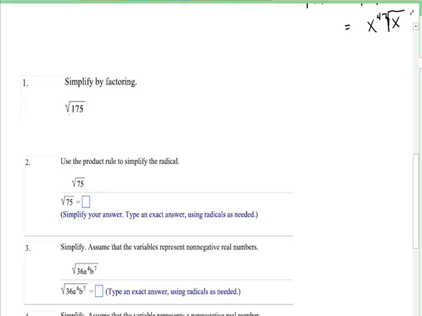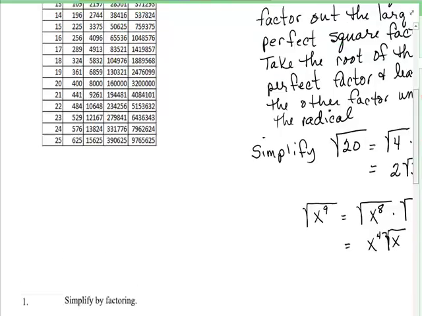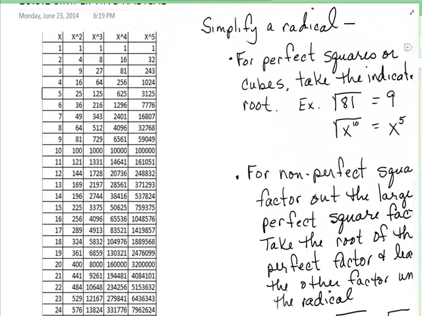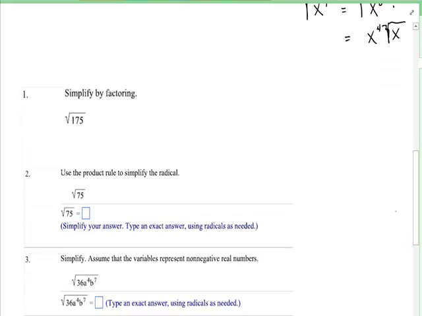You have to find a perfect square that goes into 175. One way to do that is to be aware of the chart. What goes into 175? Well, because it ends in a 5, I'm thinking maybe 25. It might be a guess and check. Well, let's see. If you take 175 and you divide it by 25, and you can do that with your calculator quite easily, you get 7.